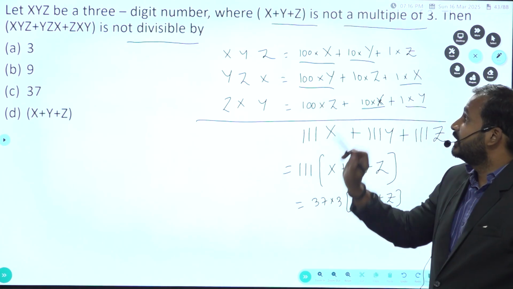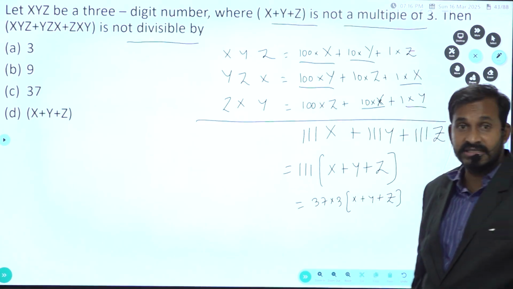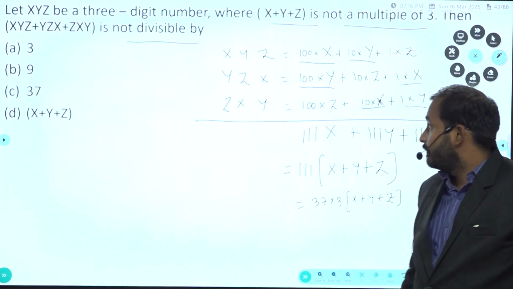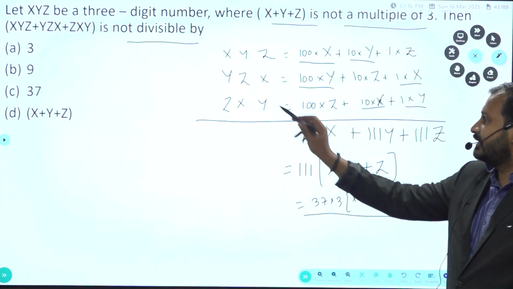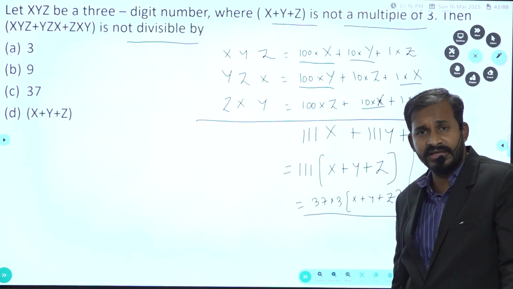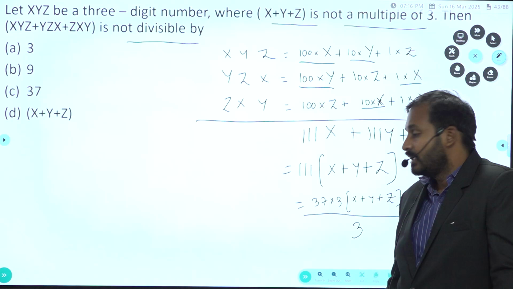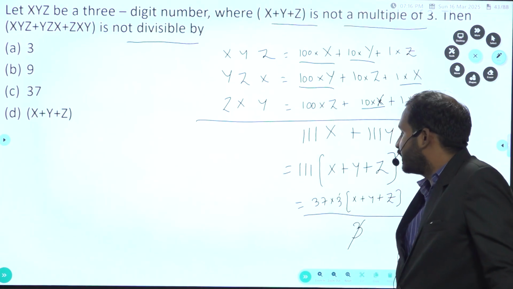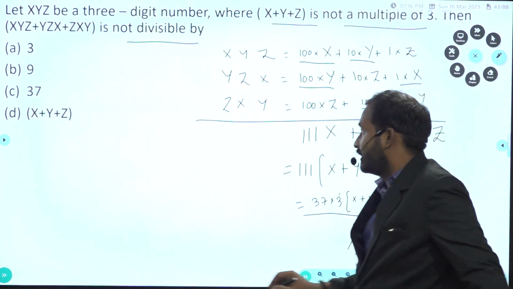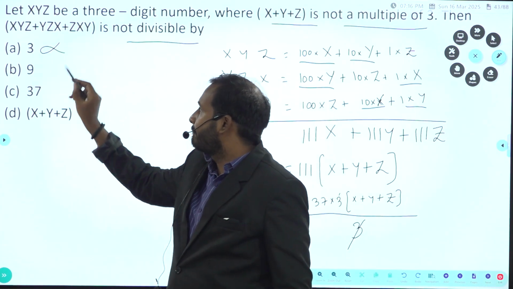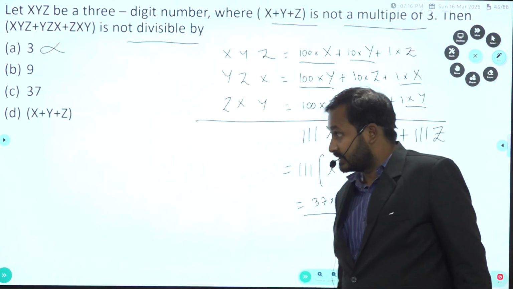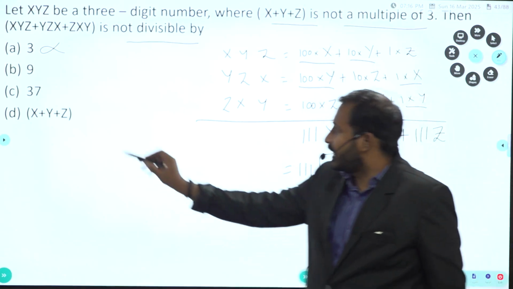They are asking which number it is not divisible by. Please see here, is it divisible by 3 or not? Yes, it is divisible by 3. Why? Because if I divide it by 3, the 3 will get cancelled and it is exactly divisible by 3. So 3 is not my answer. For time being, put 9 aside.